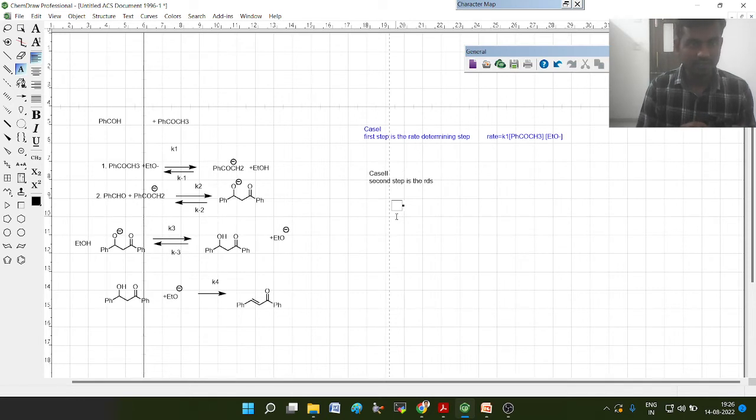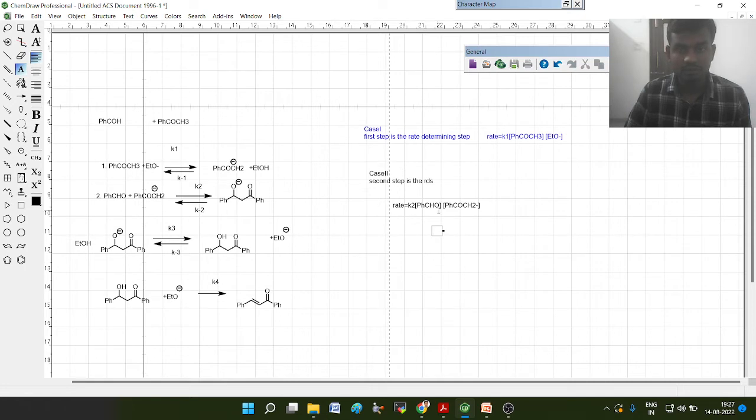Our rate will be this time k2 into the concentration of PhCHO and then the concentration of PhCOCH2 minus.